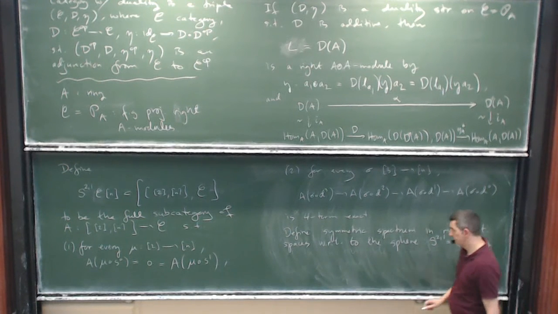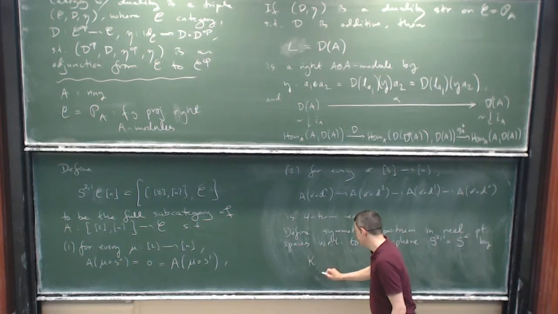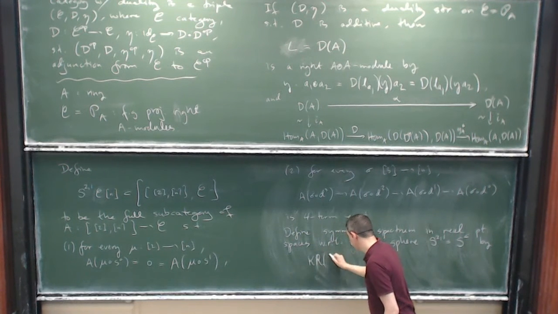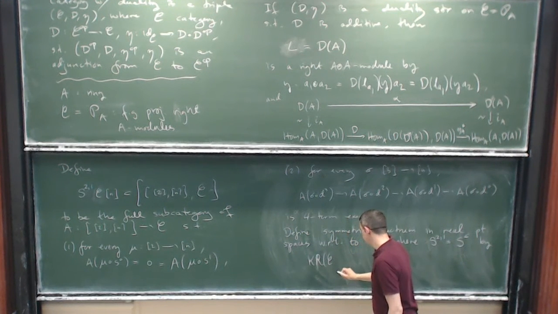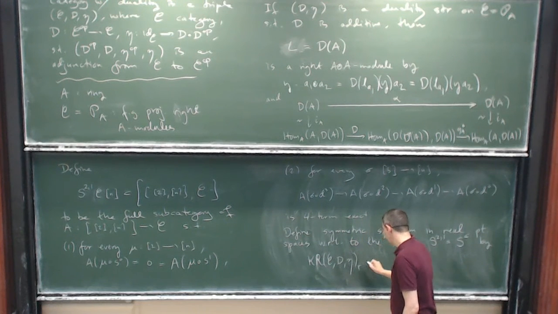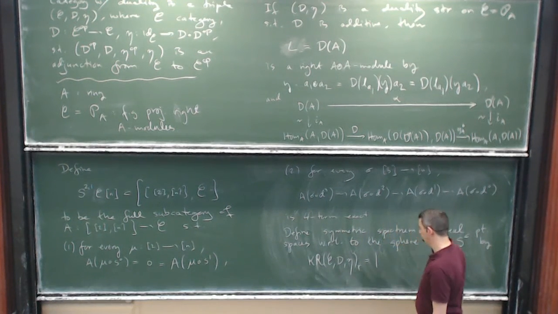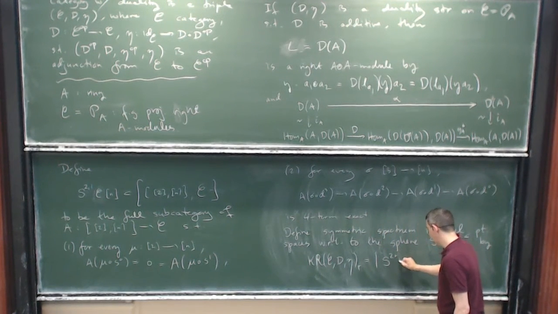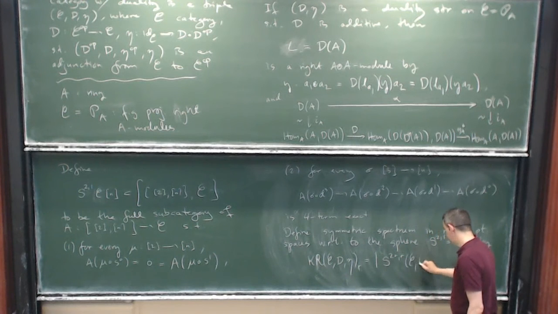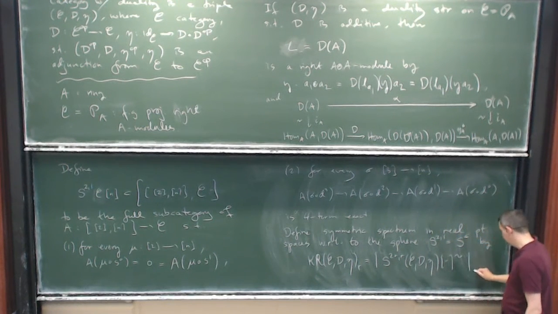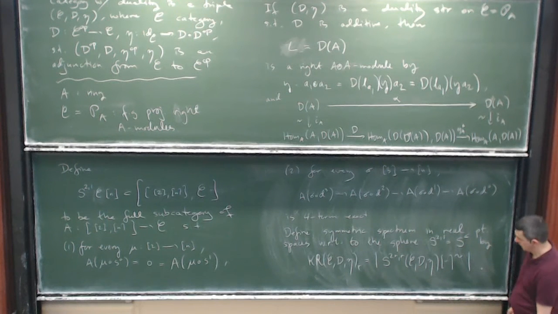K^R of C is the realization of S^{2R}, like this.